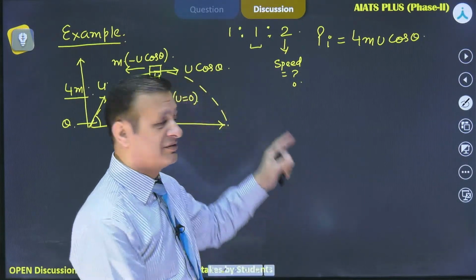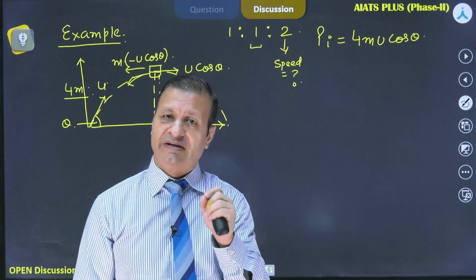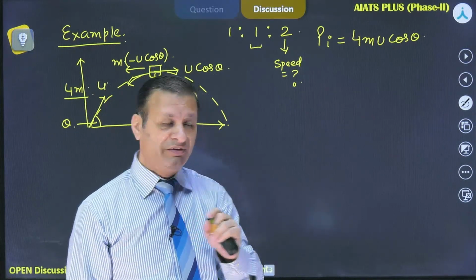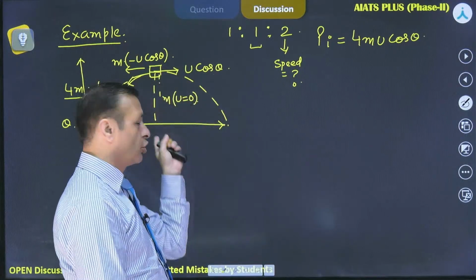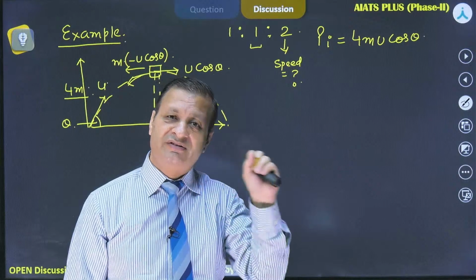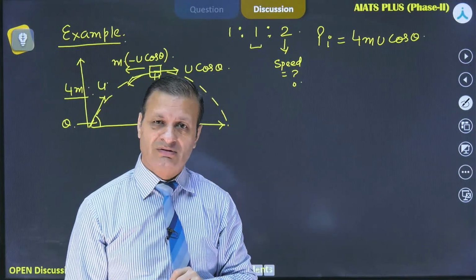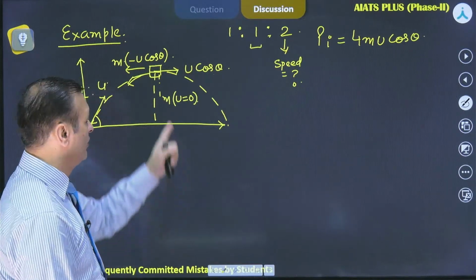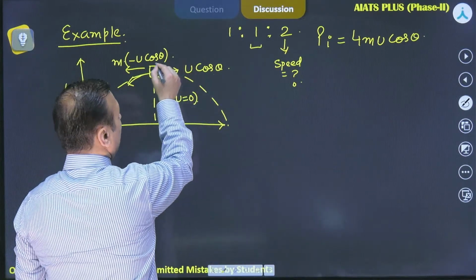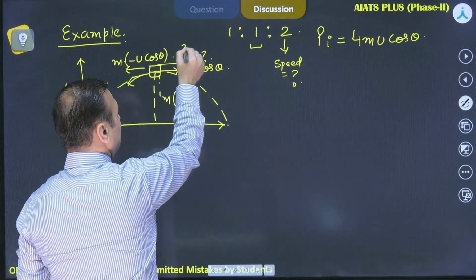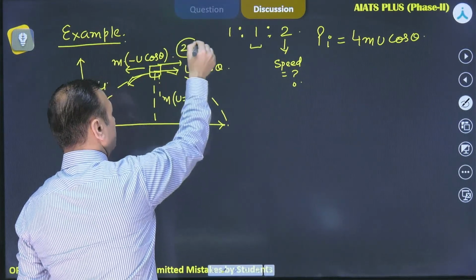And this ratio has suggested you to define the initial mass as 4m, such that the first particle just drops. The second particle retraces its path. Retraces means minus u cos theta. What is the speed of the other particle? And the other particle is of mass 2m.